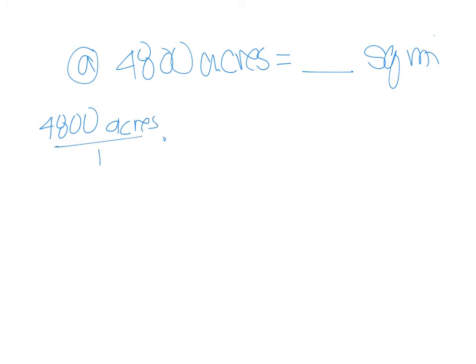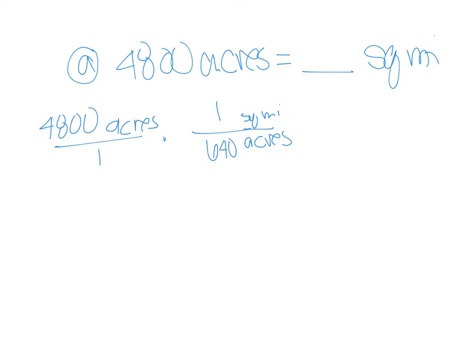And then you're going to use what you need to get to. So I am trying to get to square miles, so that needs to go in the numerator. I'm canceling my acres, that goes in the denominator. And we know that 1 square mile has 640 acres. This information is just coming from the previous slide for you.